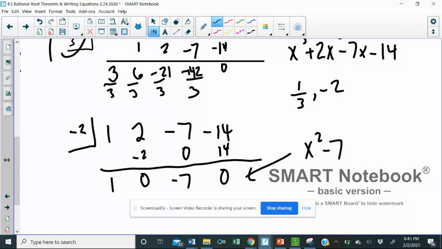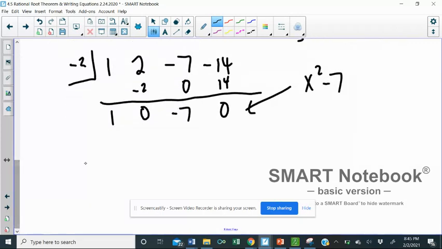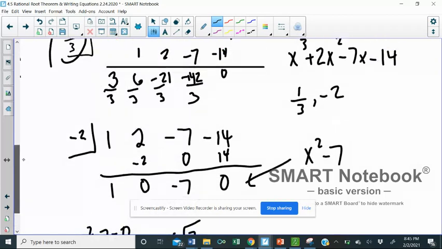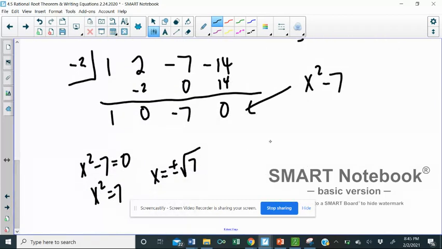When we're solving for roots, we take x squared minus 7, we set it equal to 0, we get x squared equals 7, and we get x equals plus or minus the square root of 7. All right, so our solutions here: 1/3, -2, plus or minus root 7.